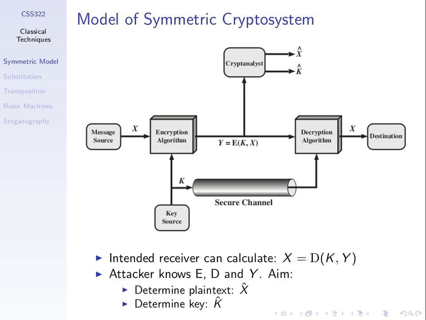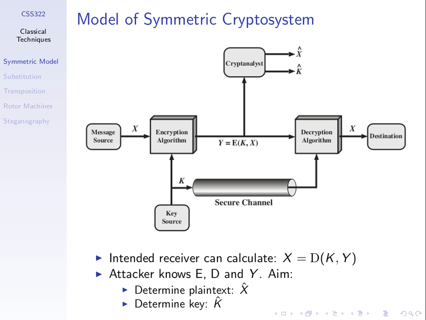What the attacker wants to do is, given the ciphertext Y, so the attacker knows Y, the ciphertext. They know the encryption algorithm, that is, they know the function E. They know the decryption algorithm, D. They are all known to the attacker. They want to determine the plaintext.